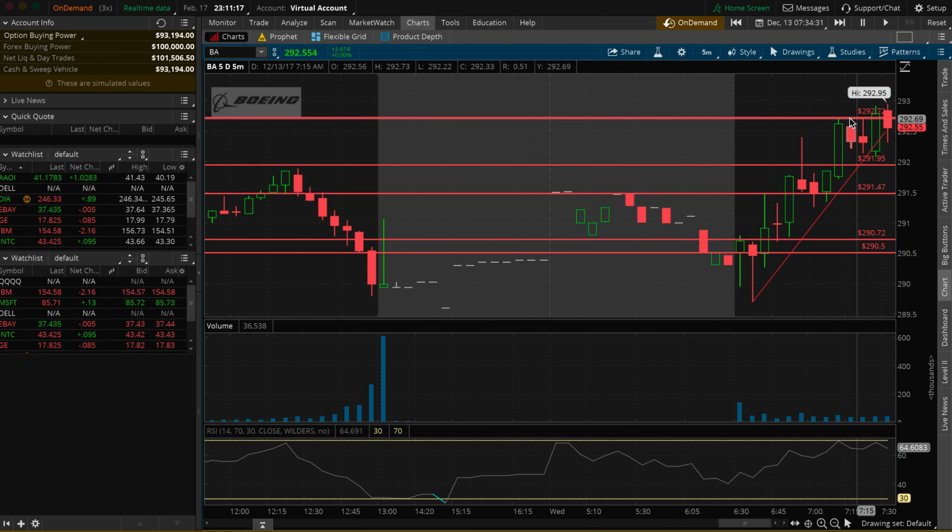See if this holds. That holds, it closes above. We're going to go make new highs. If it doesn't, it might break down.